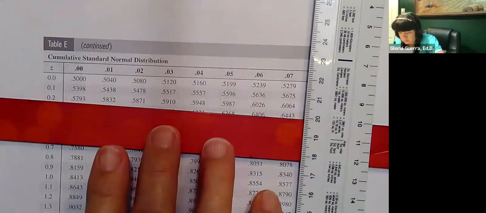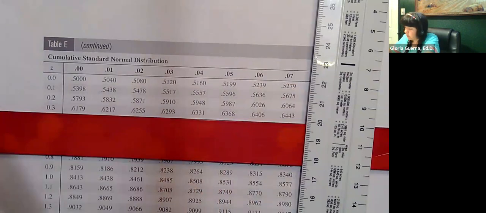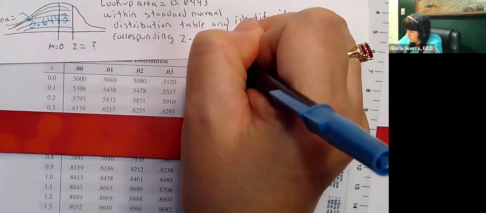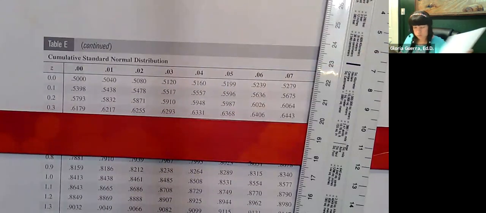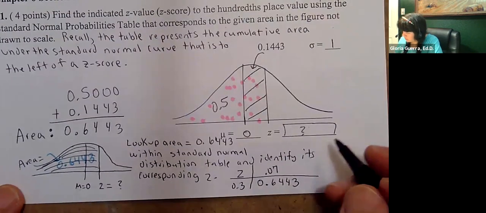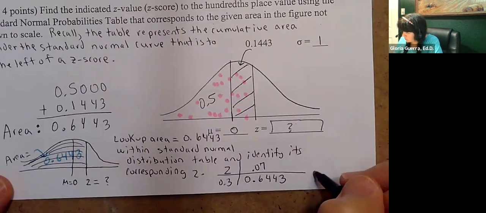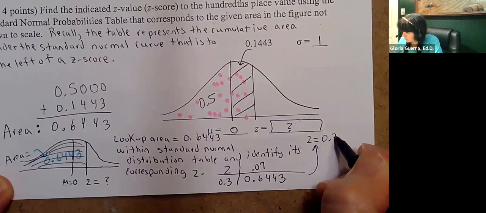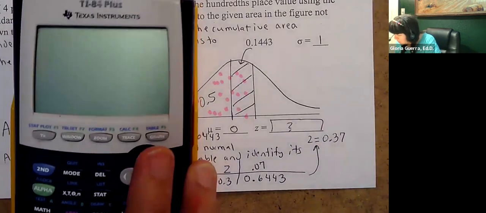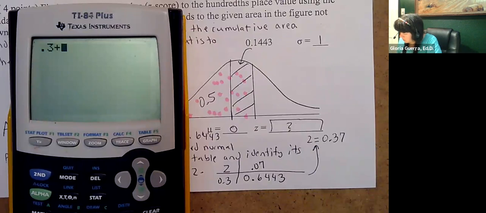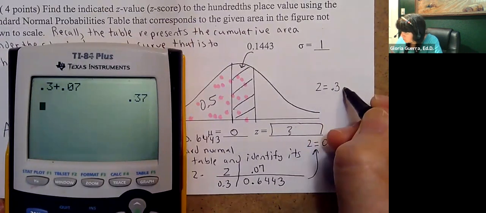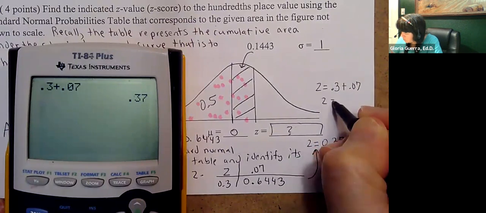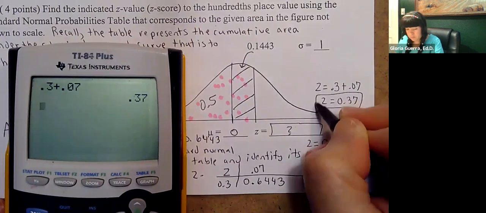So that's your Z. So that means that Z is 0.37, because if you add the 0.3 plus the 0.07, that gives you 0.37.